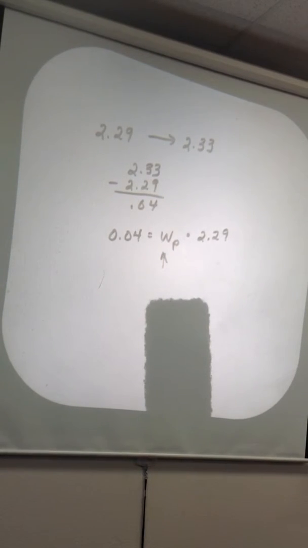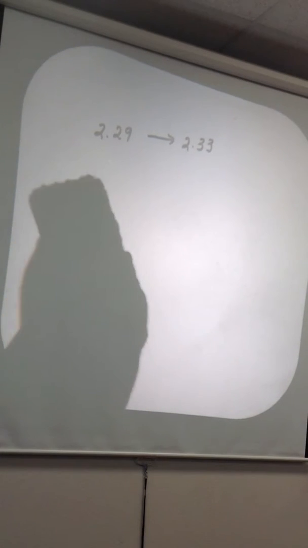This one says the number of bacteria increased 350% overnight. If there were 20,000 bacteria yesterday, how many bacteria were there this morning? Okay, it increased 350%.